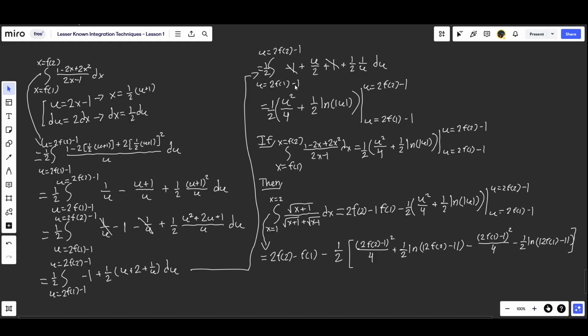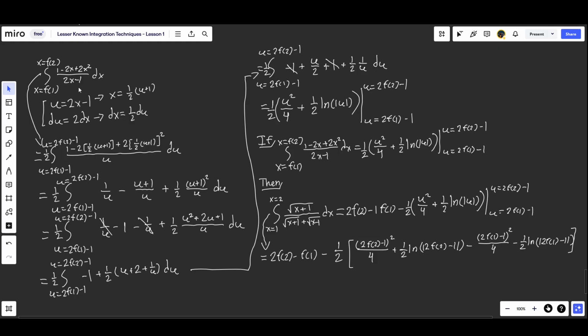Integrating, this becomes 1/2, the expression 1/2 times u squared over 4 plus 1/2 times the natural log of the absolute value of u, evaluated at 2 times f of 2 minus 1 minus the expression evaluated at 2 times f of 1 minus 1.